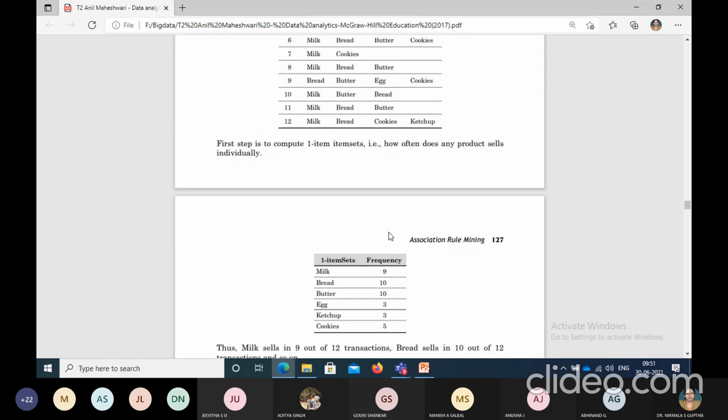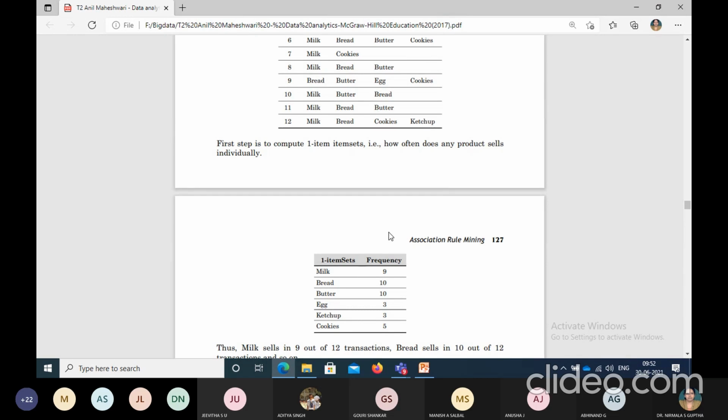After that, there is a possibility of frequently buying milk also, with 9. Then cookies also are to be considered, because it is above 4. And you may question me, ma'am, why are you considering cookies? Because it is above 4.